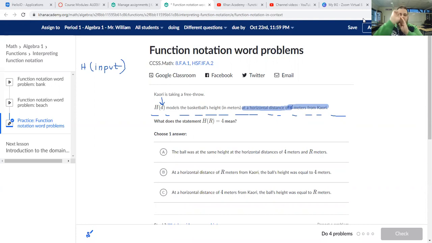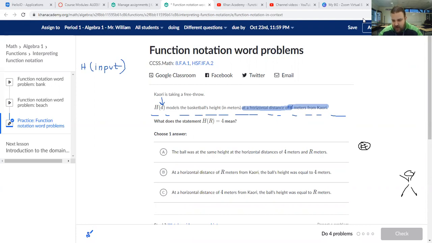So he's shooting the ball and it's landing somewhere. I think a picture may be helpful here. He shoots the ball in the air somewhere, and Corey's right here, like he just shot the ball. There's Corey. Okay, a horizontal distance of D meters.